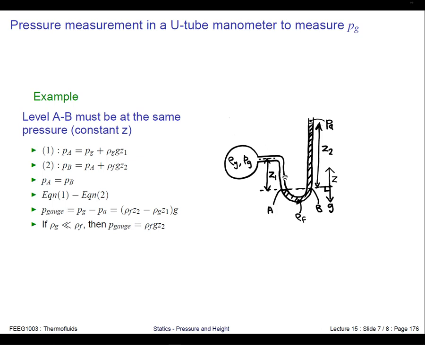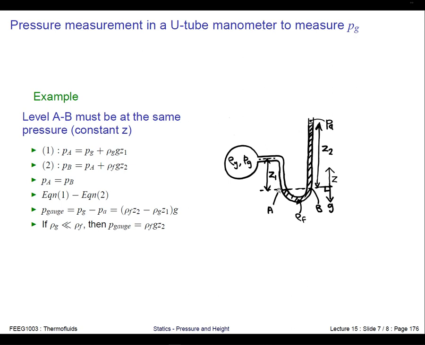So this is rho g Z1, with g the acceleration due to gravity. So this PA is equal to the pressure in my unit, the thing I'm trying to work out, plus the pressure in this leg of the manometer.